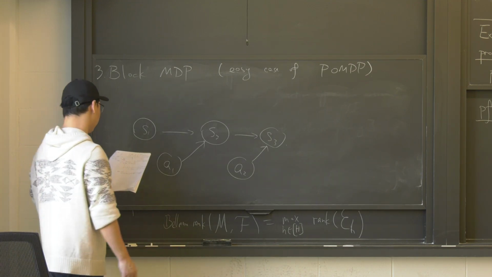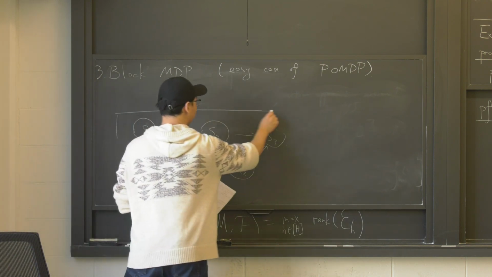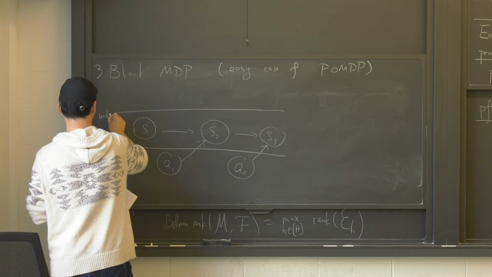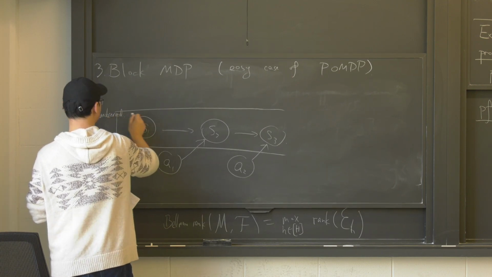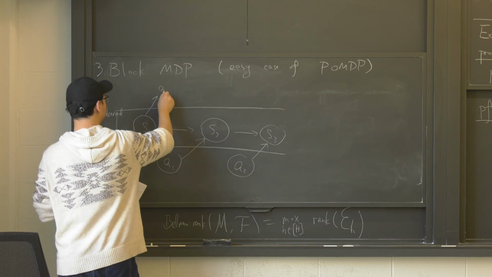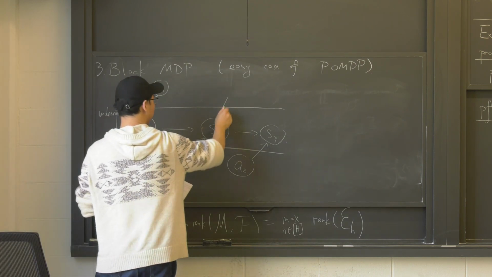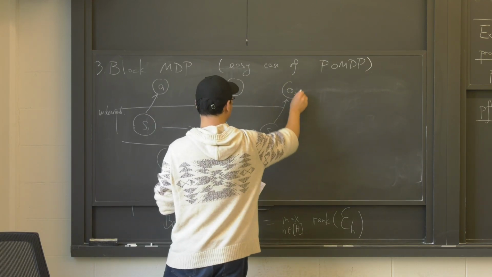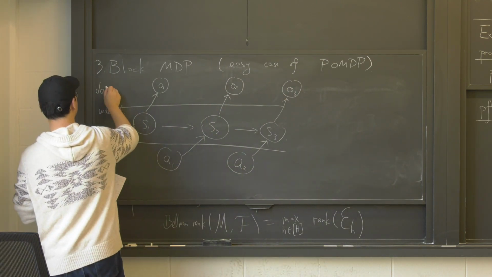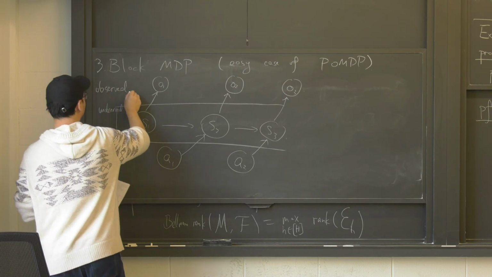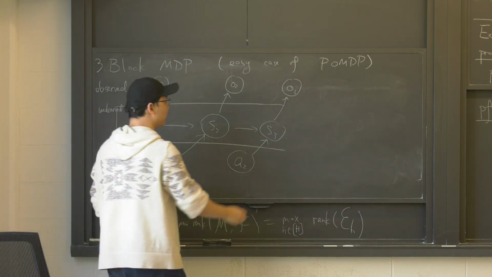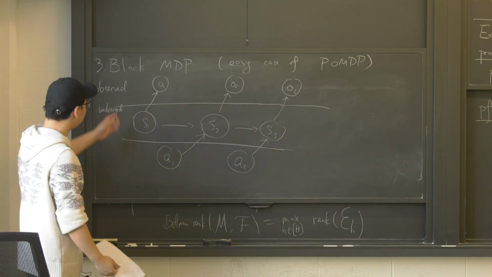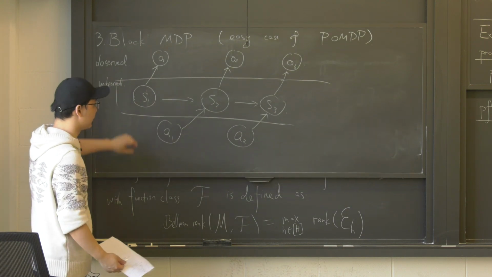What's different is that the state is unobserved, but we observe some observation that is generated from S1, S2, S3. This is a general model of a partially observable MDP, where we don't observe the underlying states but observe observations generated from the states.